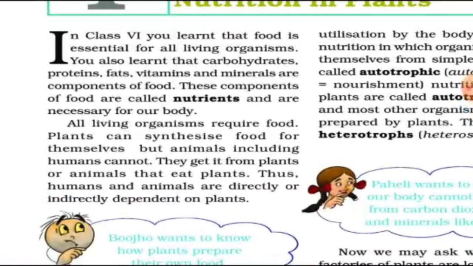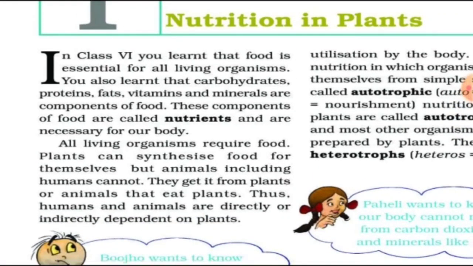You have all learned food is very essential for all living organisms. Carbohydrates, proteins, fats, vitamins and minerals are the different components of food. These components of food are called nutrients. They are very necessary for our body.